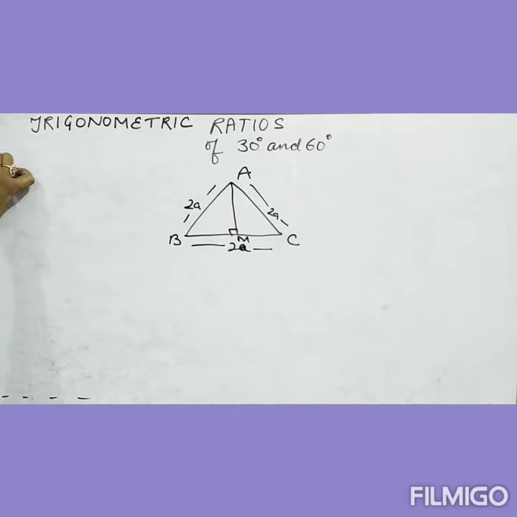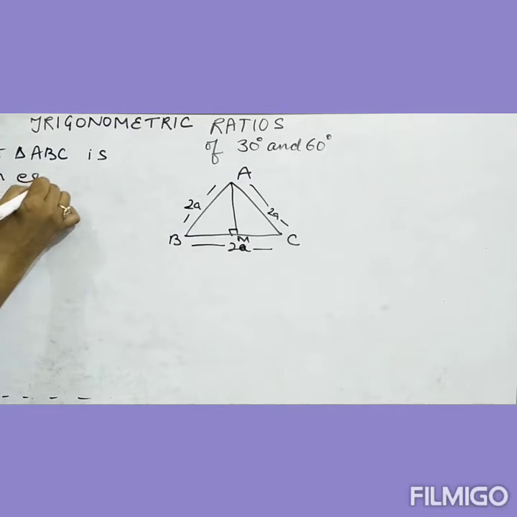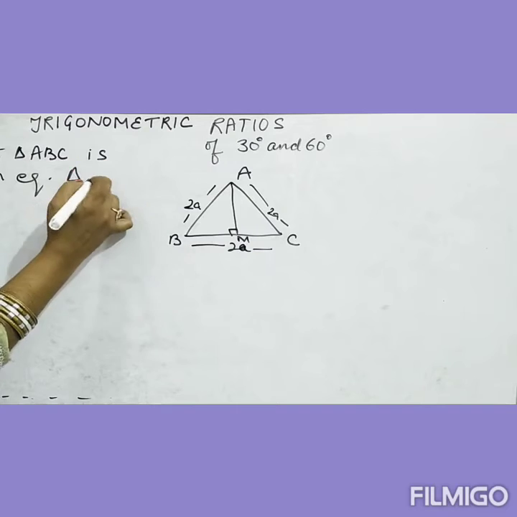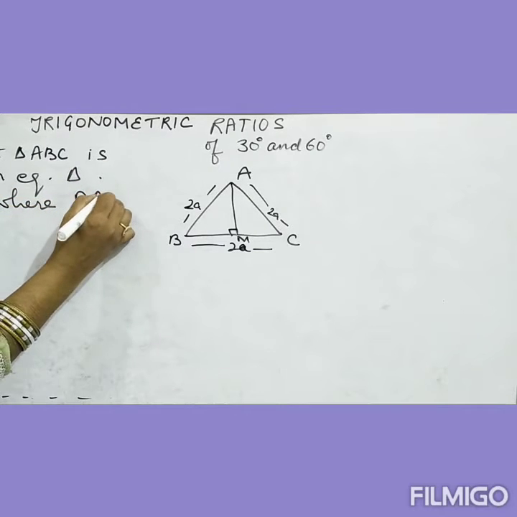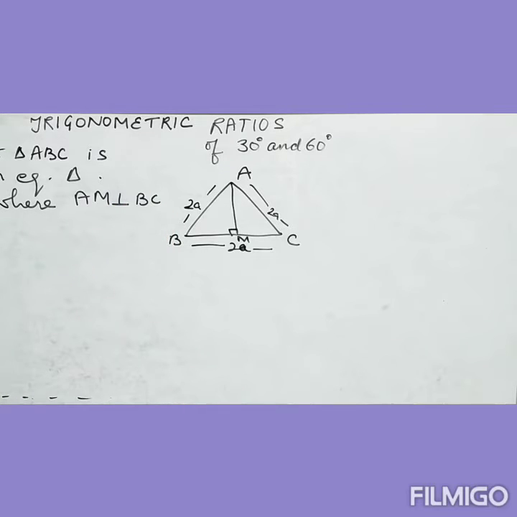So let triangle ABC be an equilateral triangle where AM is perpendicular on BC. We all know the concept of congruency.